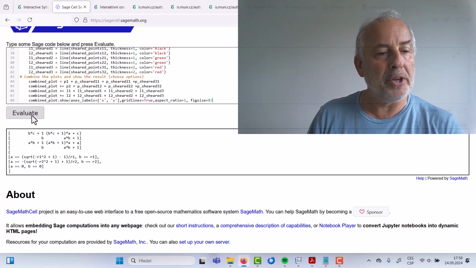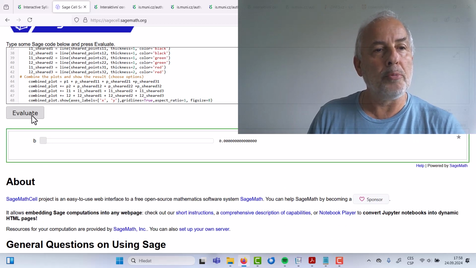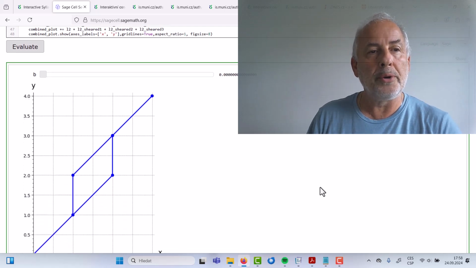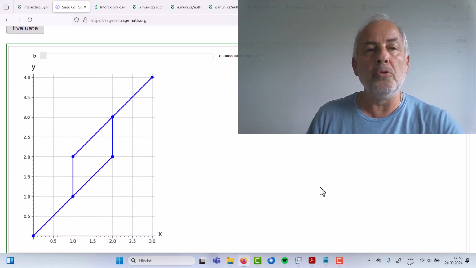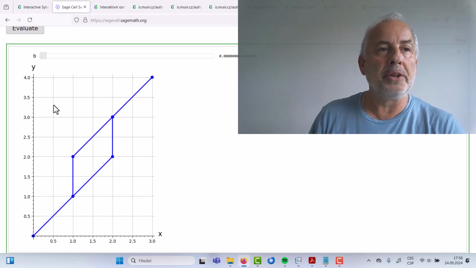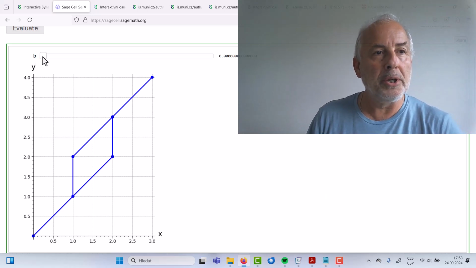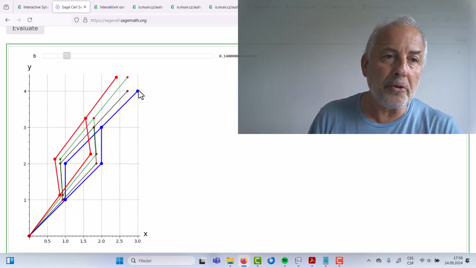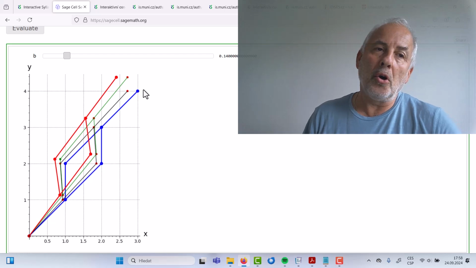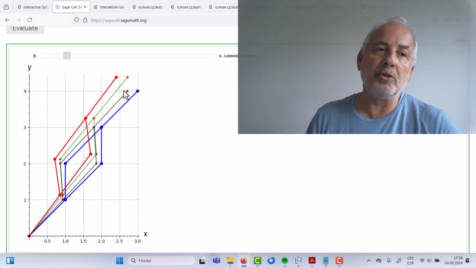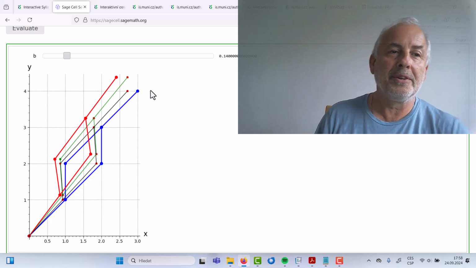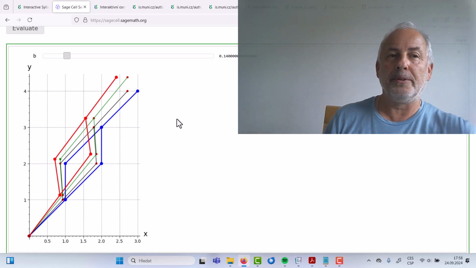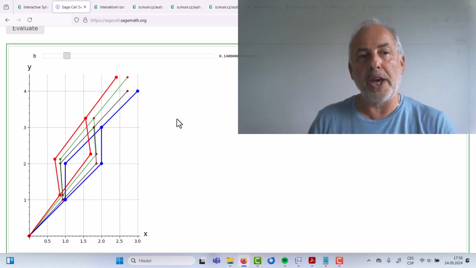So if we evaluate it, I hope it will work, and you see this corresponds to no rotation at all. And if I move the B a little bit, then what happens is that first I'm doing the horizontal shear, just pushing everything to the left, and so everything is squeezed to the left, but the epsilon values stay as they are.